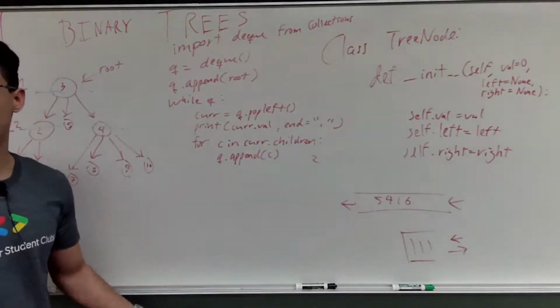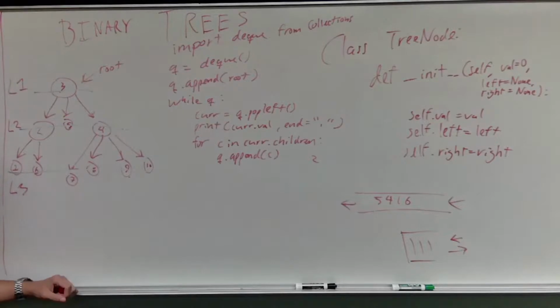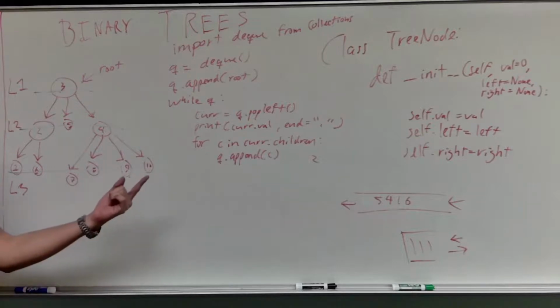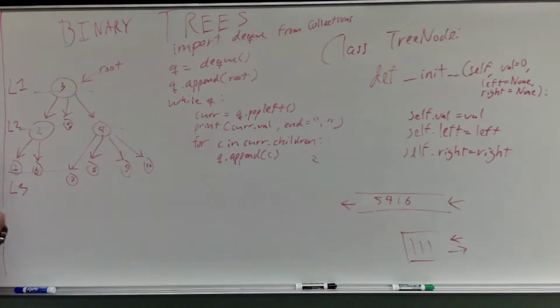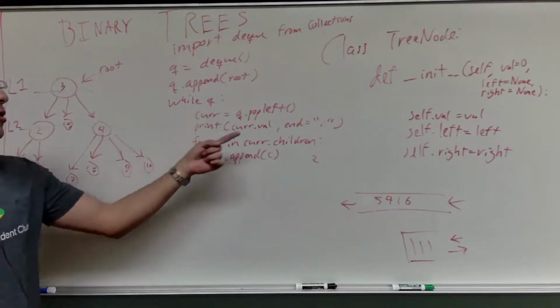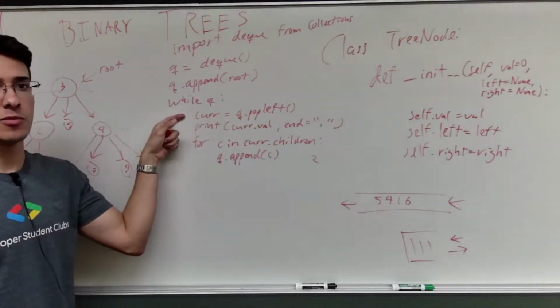Why do you pop it out first? So basically, you have a point. I could pop it at the end. Yeah, that's what I was thinking. Because if you pop it, do you even have access to the children? It's a node, right?